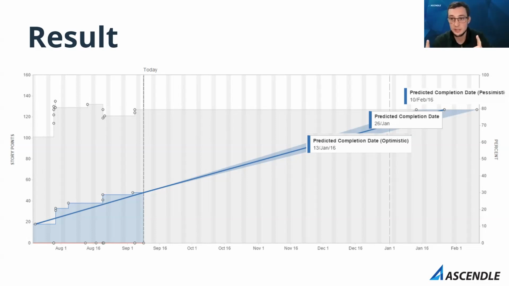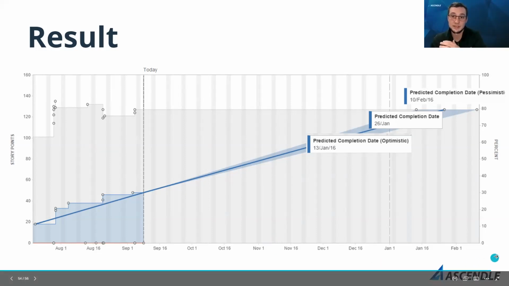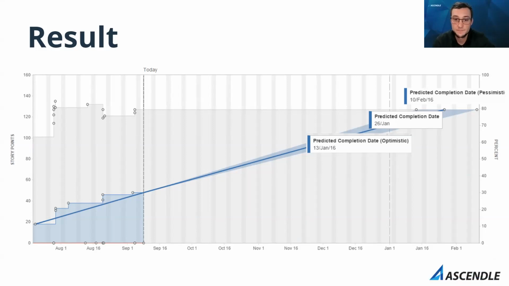It really gives that range there. And this is something that doesn't end here. Once we get the velocity moving, once we have the team going, we continue to look at this and adjust it to make sure we can communicate with the business where things are at, because something might come in that pushes us farther off, or something can get taken out that might bring this forward. It's always hard to say.